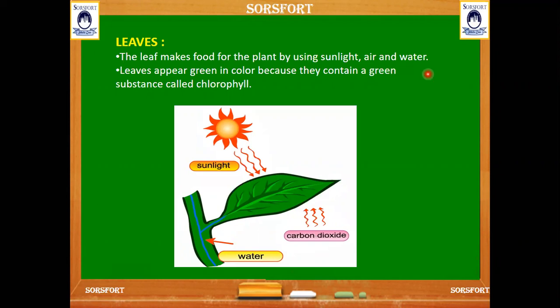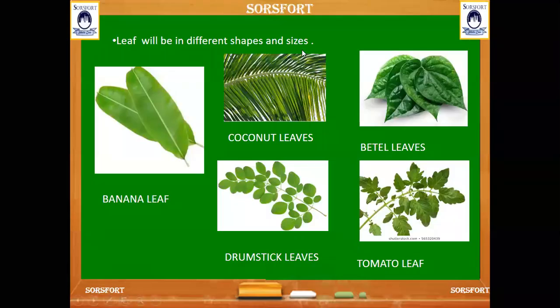We can see that in different types of plants there are different sizes and different shapes of leaves.